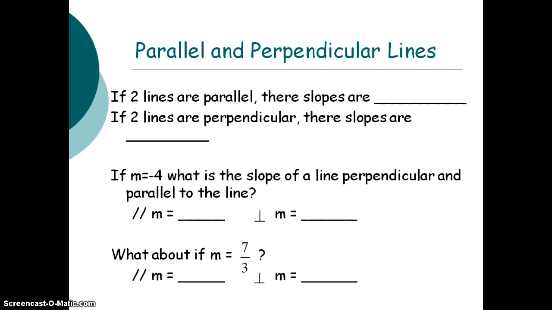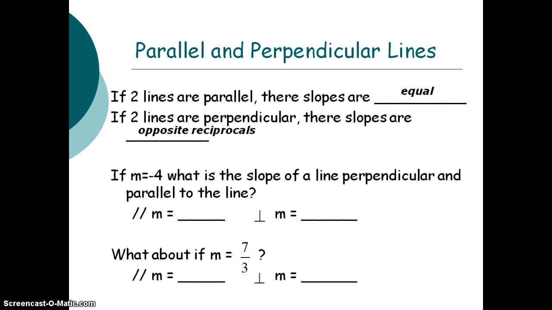So if two lines are parallel, their slopes are equal. If two lines are perpendicular, their slopes are opposite reciprocals. So if the slope is negative 4, what is the slope of a line perpendicular and parallel to the line? Remember that m stands for slope.